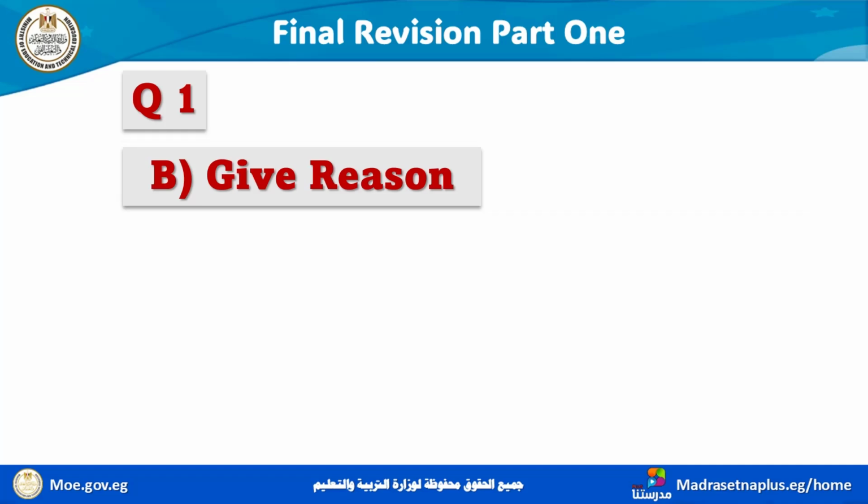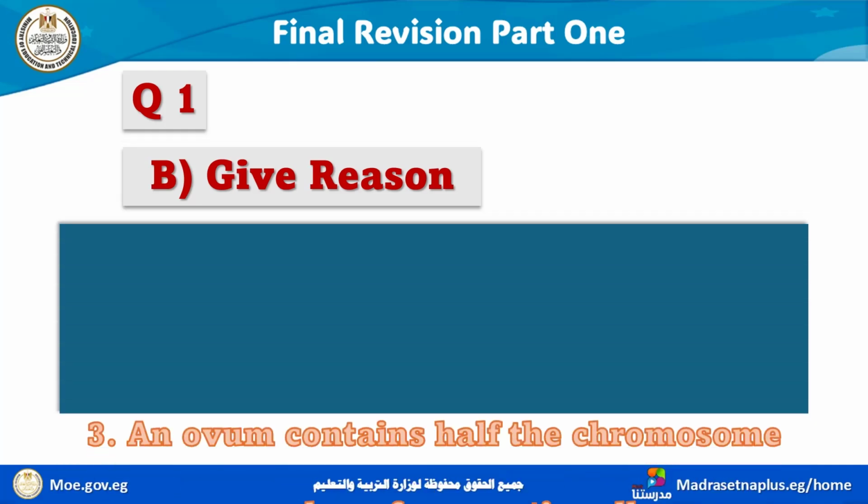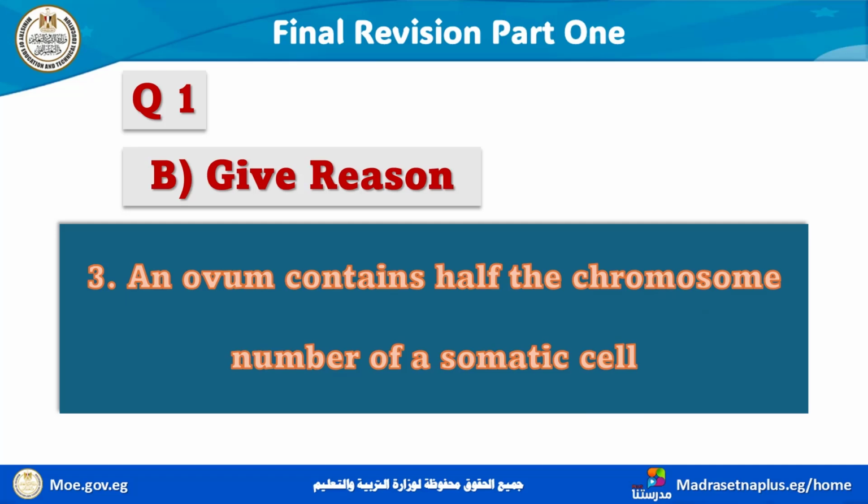Give reason number 3. An ovum contains half the chromosome number of a somatic cell. Why? An ovum contains half the number of chromosomes because it's a gamete produced through the process of meiosis.